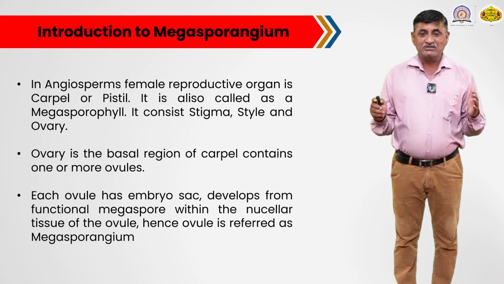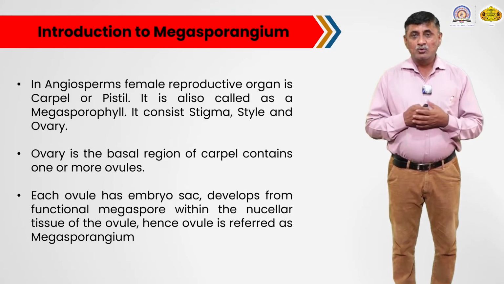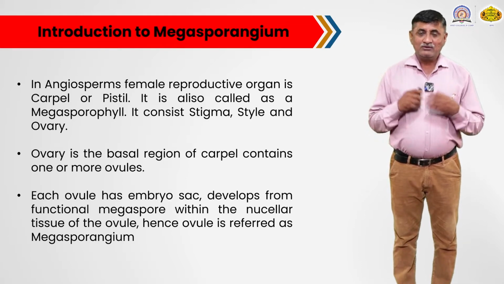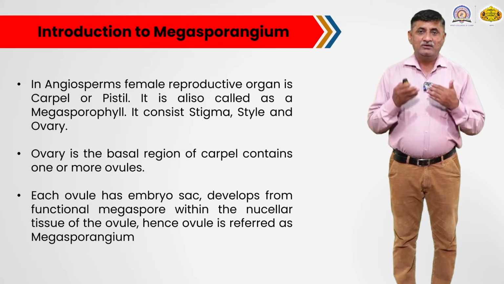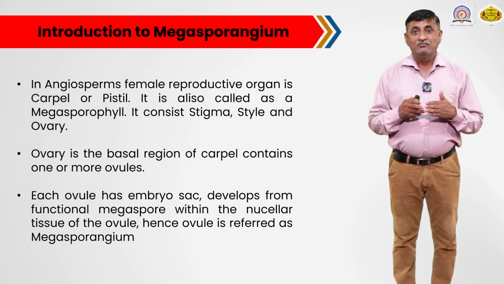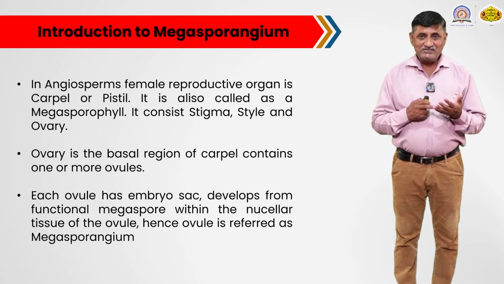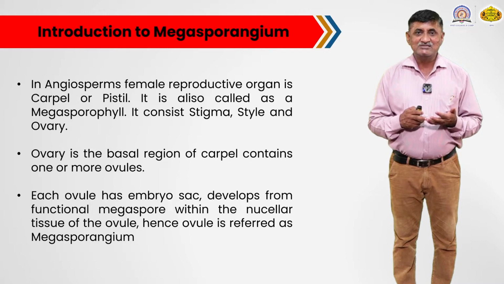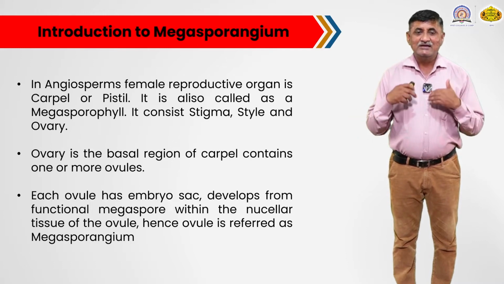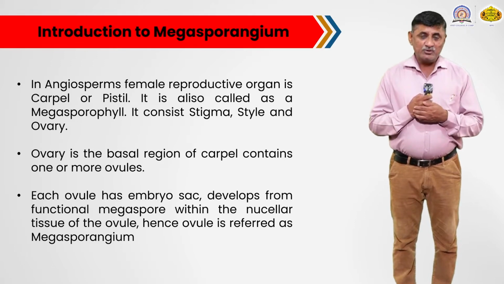The ovary is the basal region of the carpel that contains one or more ovules, and the ovules may be arranged on the placenta by means of different kinds of placentation. There may be basal placentation, central placentation, axial placentation, free central placentation, etc. Each ovule has an embryo sac.